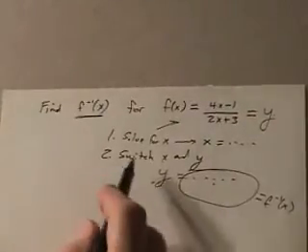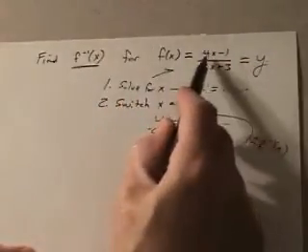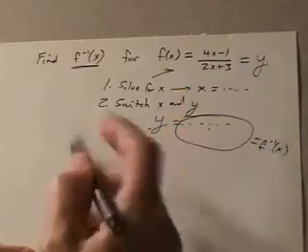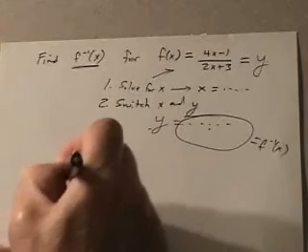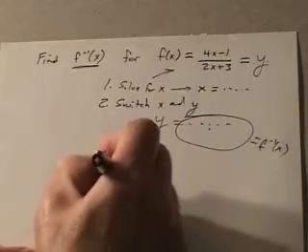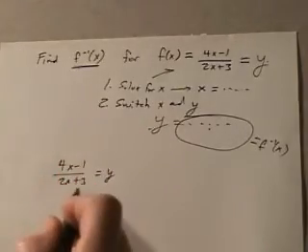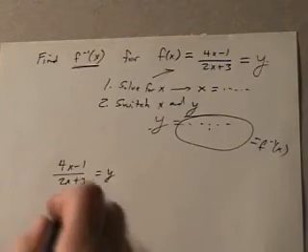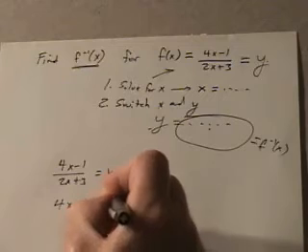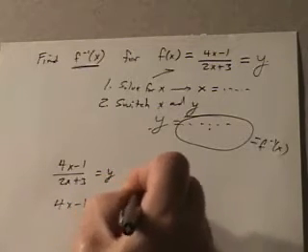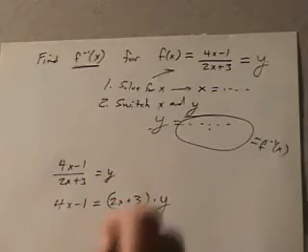Okay, so let's do the problem now where it's a bit more complicated. So what we're going to do is, starting with (4x minus 1) over (2x plus 3) equals y, and we'll just do some algebra. I need to get the x's all by themselves. I don't like fractions any more than anybody else does, so we multiply both sides by 2x plus 3 to kill the fraction. So 2x plus 3 gets multiplied by y.